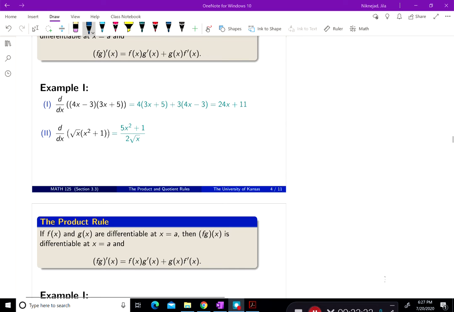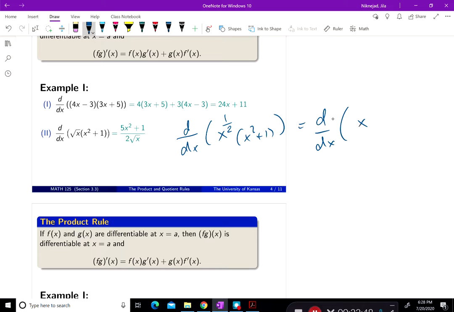So another question that comes to mind is: was this the only way to solve this one? It is not the only way. Let's say instead of doing this, I convert the square root of x to x to the power 1/2, and now I FOIL before I take the derivative. x to the power 1/2 times x to the power 2 is x to the power 5/2, plus x to the power 1/2.